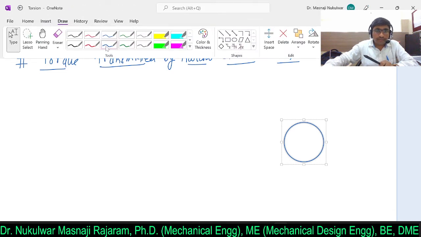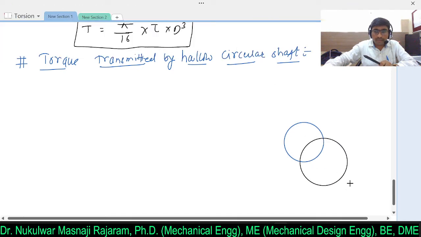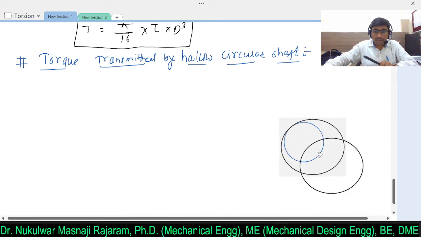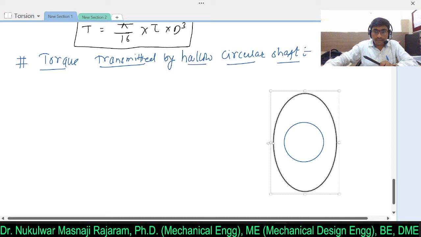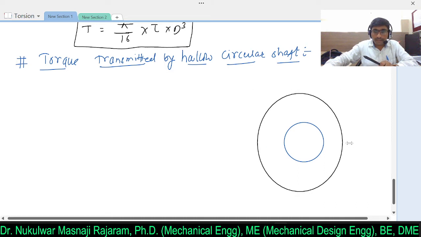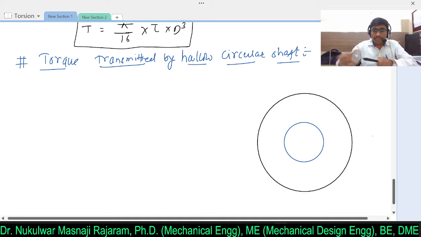This is the inner side. So let's say this is a hollow shaft, having center over here. Let's say this is the inner radius Ri. If I measure the radius of the outer, then this is nothing but R.